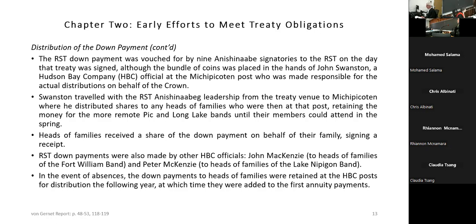What they did do, Your Honor, is they were on their usual subsistence quest in their territories in the north, and were not available for their share at the time when Swanston showed up at Michipicoten with a bag of coins. However, that money was retained and they received it later.